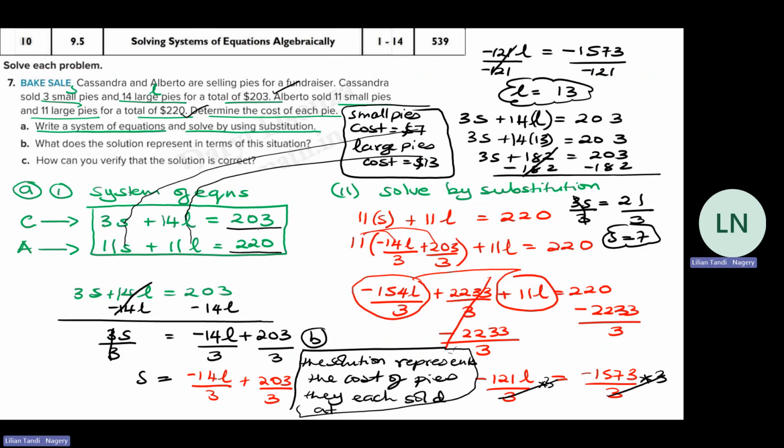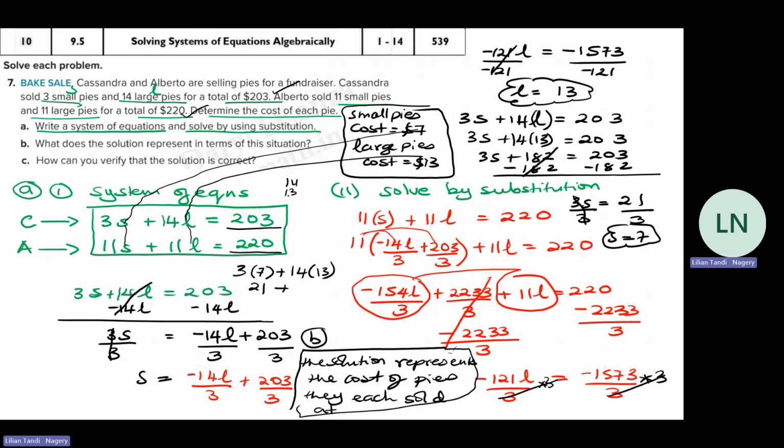If you don't get these values, then you're not correct. So let us see. What is 3 times 7 plus 14 times 13? This is 21 plus, what is 14 times 13?